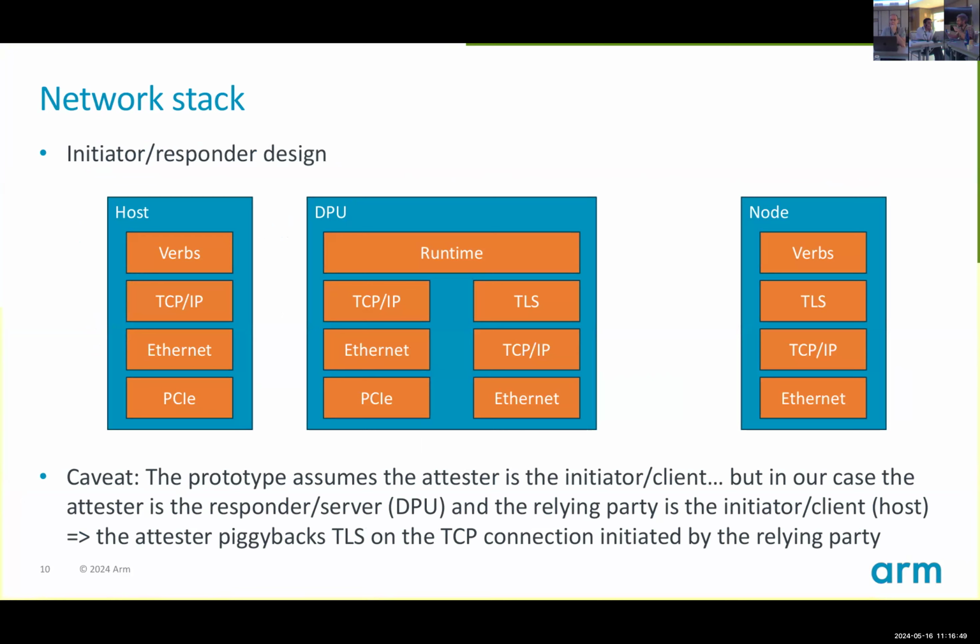So my question is, does this inversion need an extension, or are you making the traditional flow, and then when you provision the node with the attestation, when you're setting up the TLS context, the host gives back the whole evidence package comprising the DPU pieces?